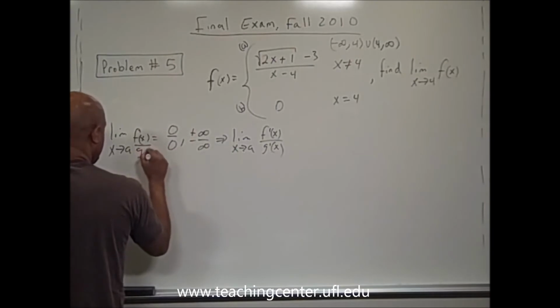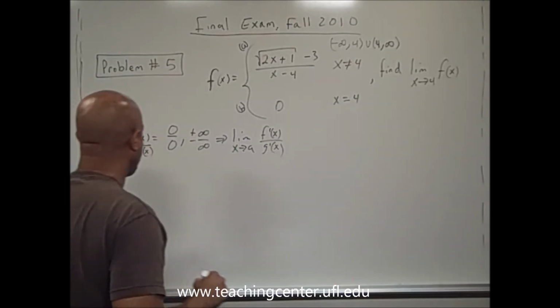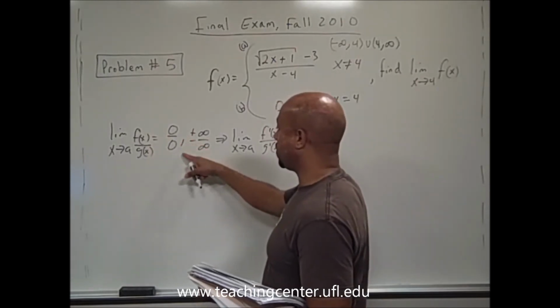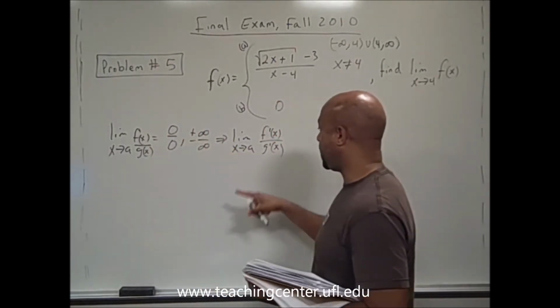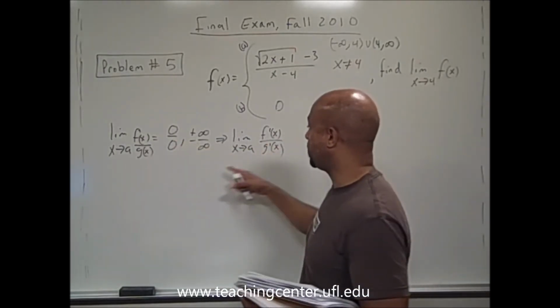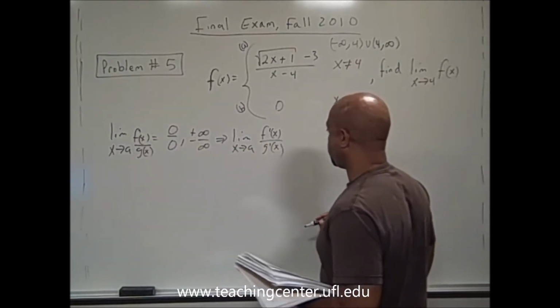So if the limit as x approaches a of f of x over g of x is equal to 0 over 0, or plus or minus infinity over infinity, then we can rewrite that limit by taking the derivative of f and the derivative of g and dividing them.